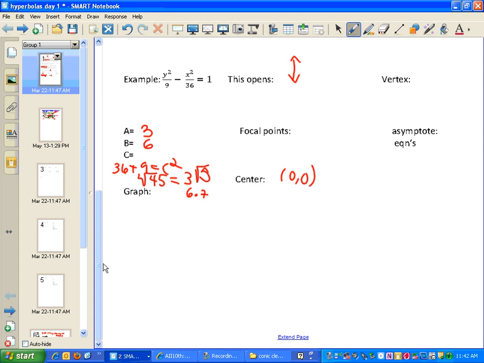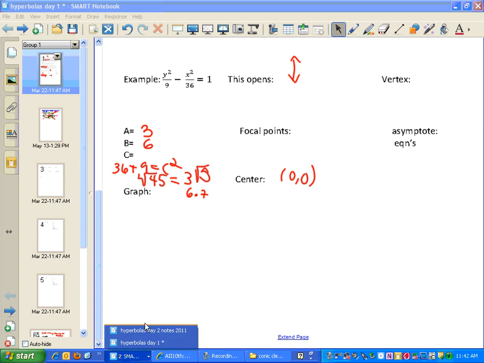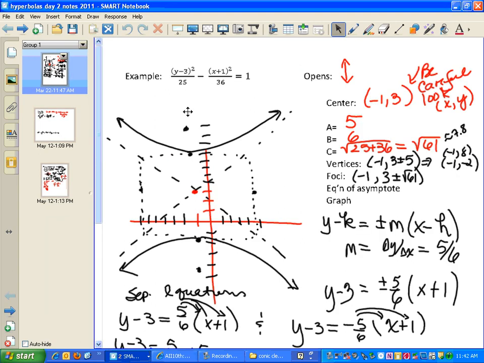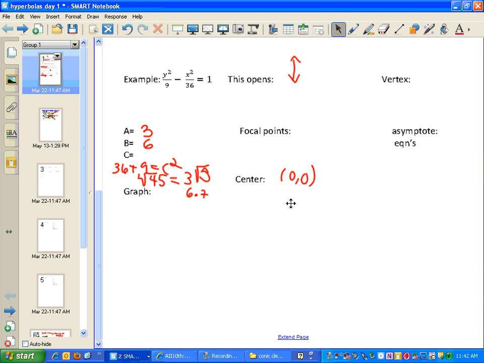Let me look again, make sure, because I don't want to confuse you again. On another example, A is 5 and B is 6. I just want to make sure I was doing it right. Okay, so A is my first one and B is my second. Okay? Sorry for any confusion. All right, so let's graph it.